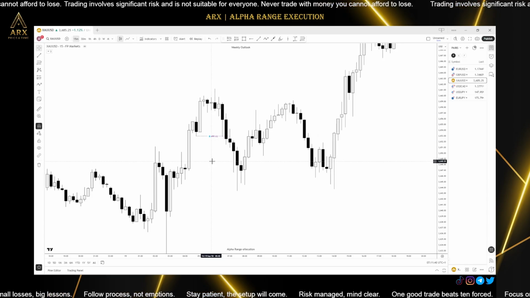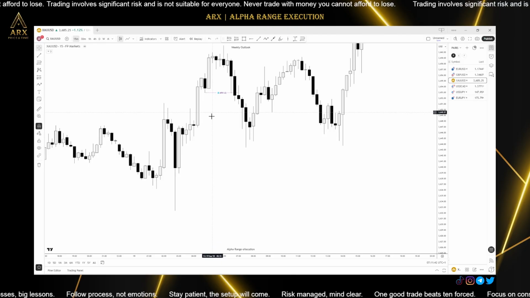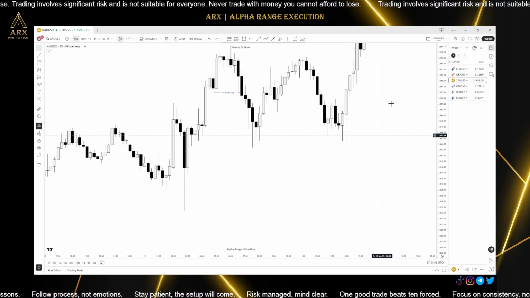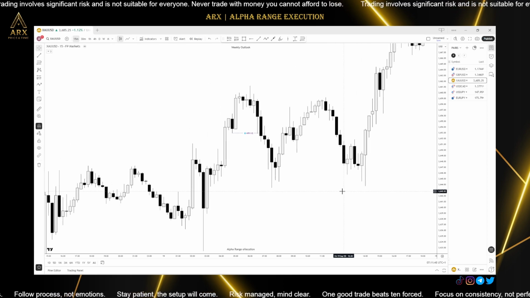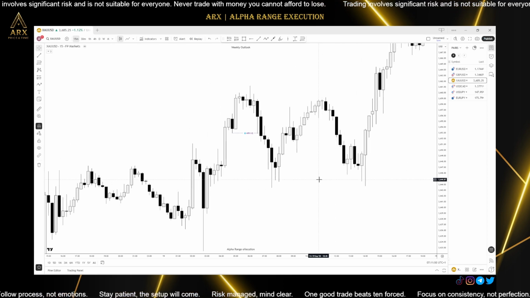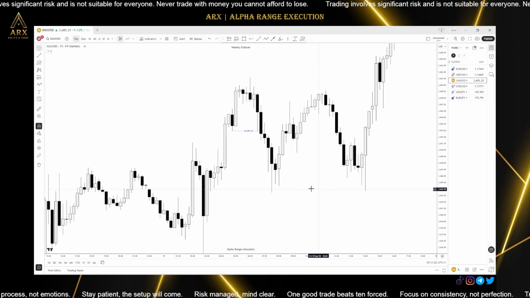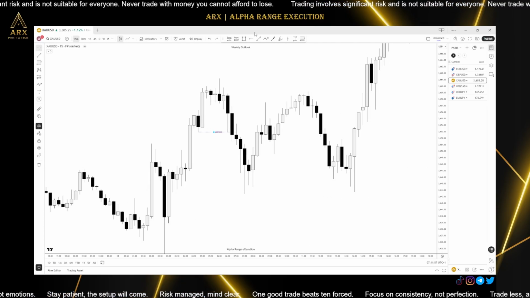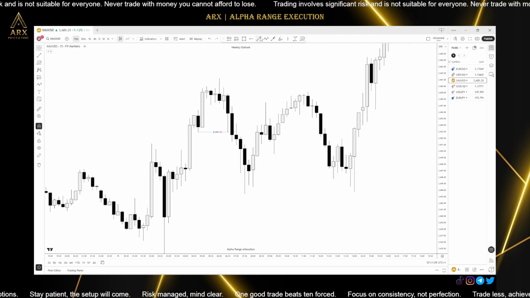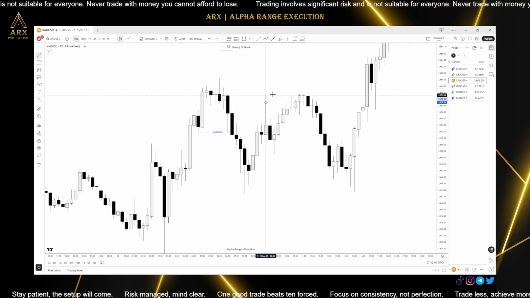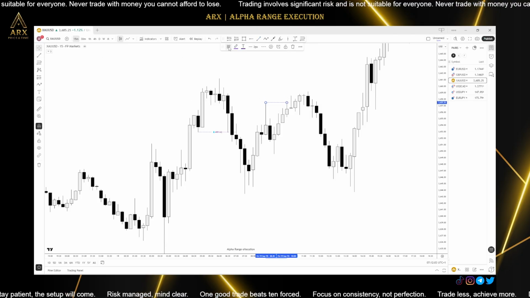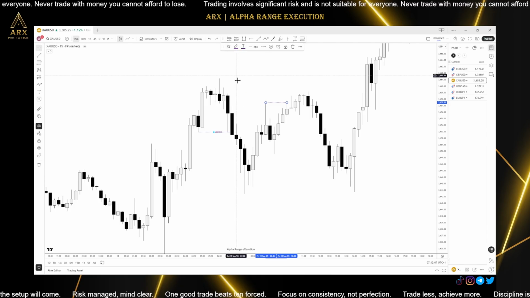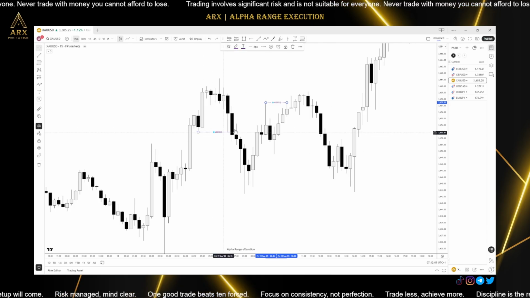I was thinking, so that's going to be the level that can take out the lows before the continuation of the bullish market. So what I saw, I need to see a liquidity build, and I saw this level here. I was thinking, so you have liquidity, you have the market break structure to the downside as well.